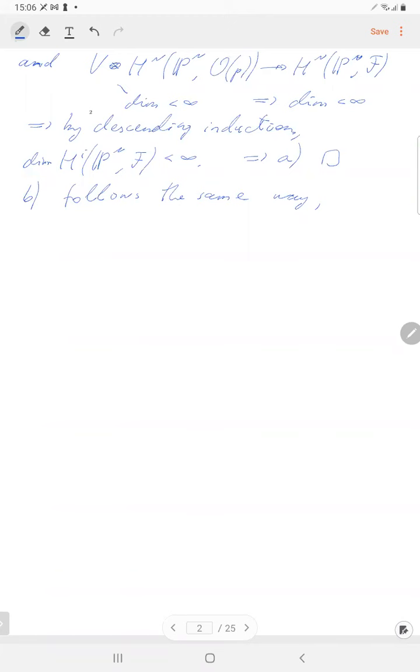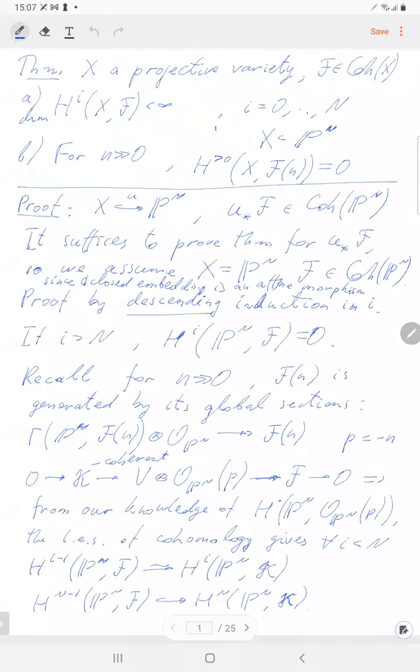Well, because this V was just the space of global sections of our twisted sheaf. And the twisted sheaf is coherent, and the global sections of any coherent sheaf on a projective variety are always finite dimensional.